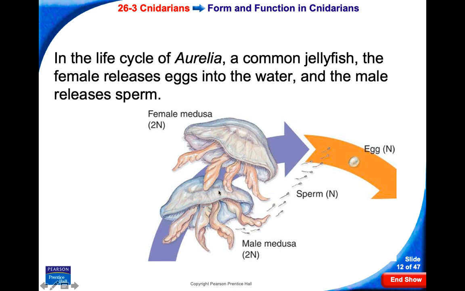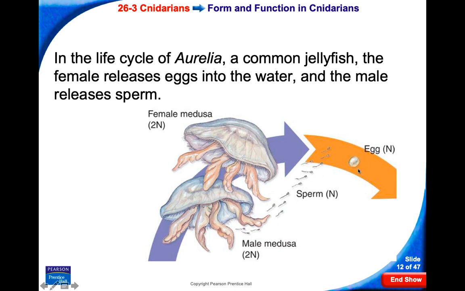It's a type of common jellyfish. It's actually the type of thing that we're going to be dissecting next week. But what ends up happening is the females release eggs into the water, similar to this one. Maybe not as big as this. They're much smaller in real life compared to the actual body of the female. And then the male medusa releases sperm cells, like you can see here.